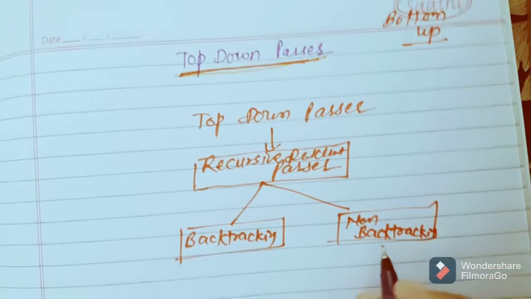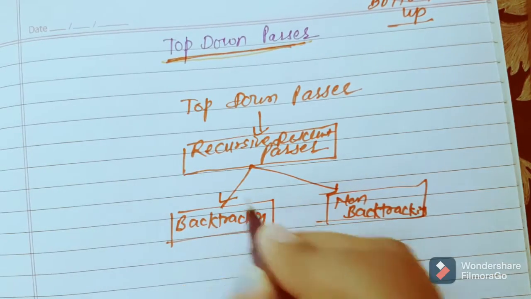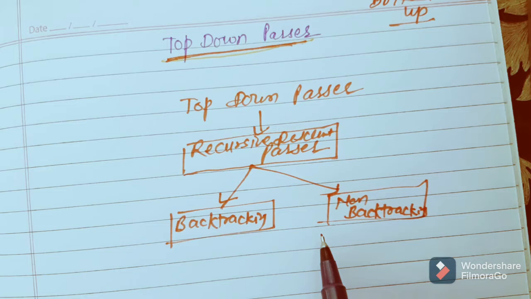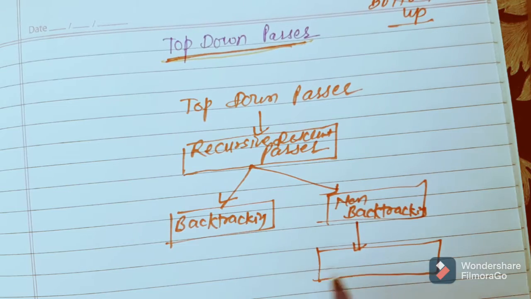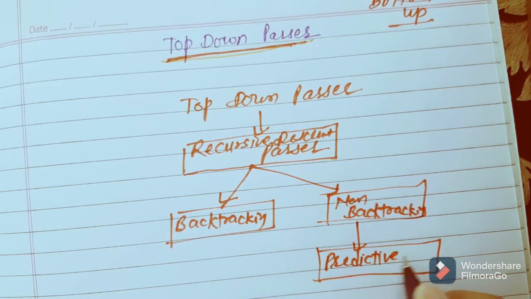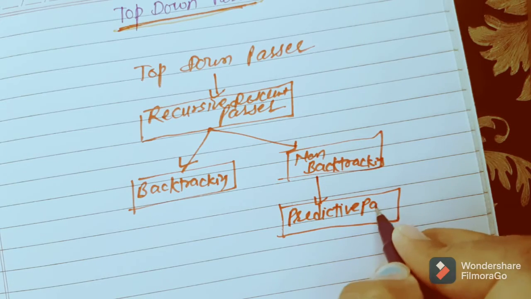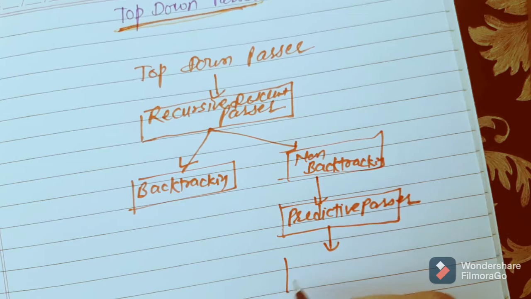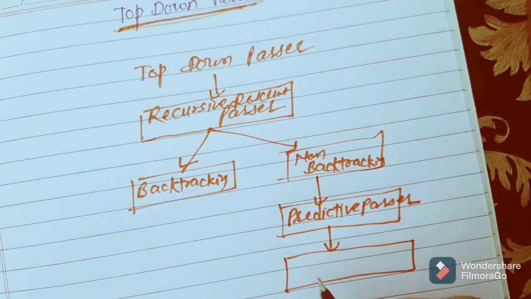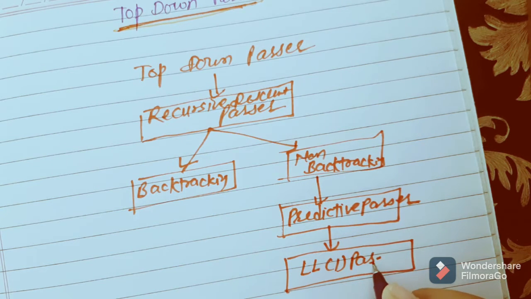I divided these into two categories, backtracking and non-backtracking. After this category, we divide into the predictive parser. After that, the parser which uses the table, which uses first and follow, is LL1 parser.